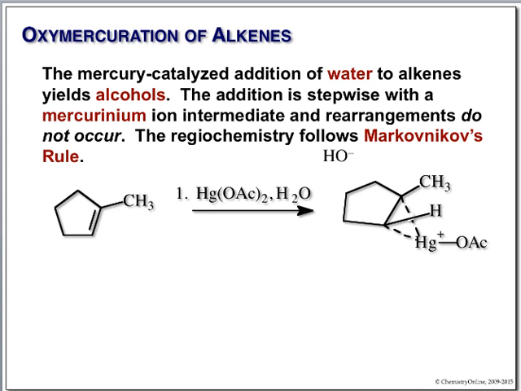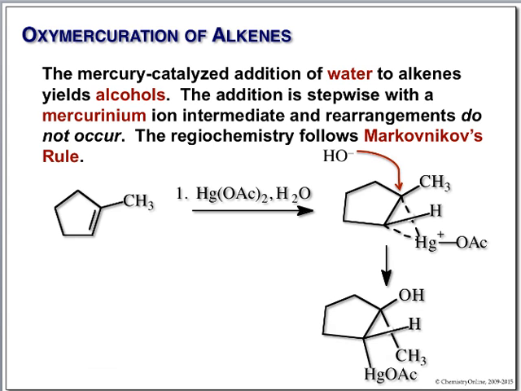It's just sitting there on the alkene pi system with this positive charge. And what happens? Hydroxide is going to attack backside, because mercury is even bigger than bromine. Going to attack backside, break our bond, and we wind up with this intermediate.